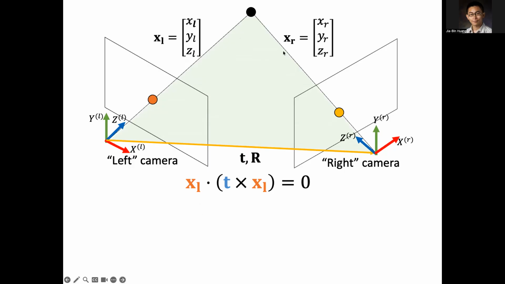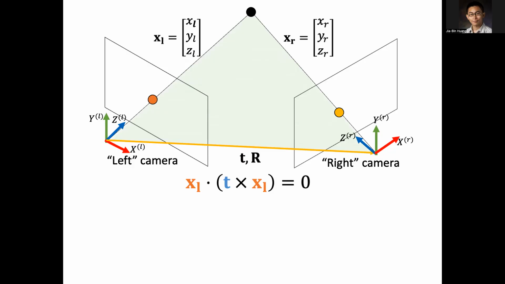That vector is perpendicular to any vector on the plane, and I happen to choose that vector as XL. The way I say two vectors are perpendicular to each other is that their dot product is 0. Okay, so now I have my first equation.